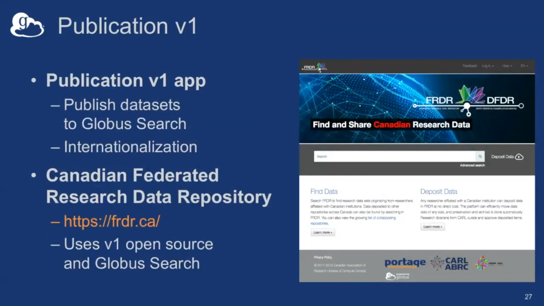All right, next thing I want to talk about is publication. We rolled out several years ago, moving beyond file transfer and file sharing, the new publication product. What this does is move us up in the workflows around publishing data sets.